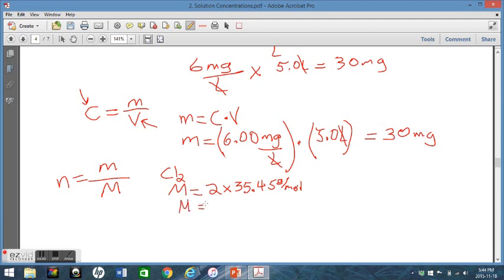And my molar mass here is going to then be 70.90 grams per mole.